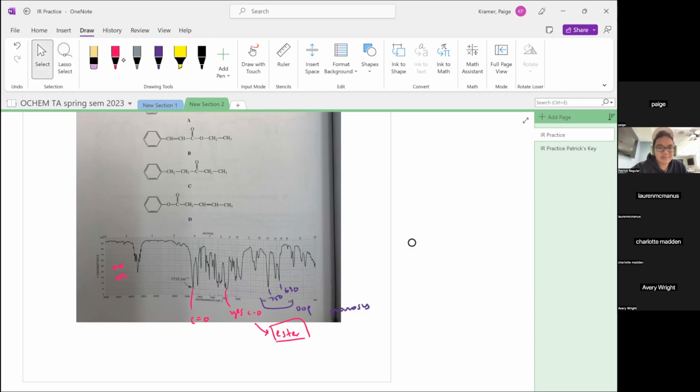Patrick should probably check that. Okay, that's good. And then this is our overtones. And then looking for our 1600, we can call it that one, 1475. I don't know, one of these. But yeah, we do have our aromatic peaks. So I would call this aromatic and ester.